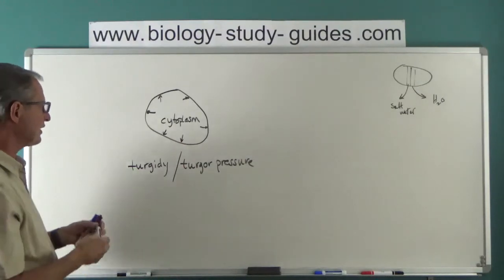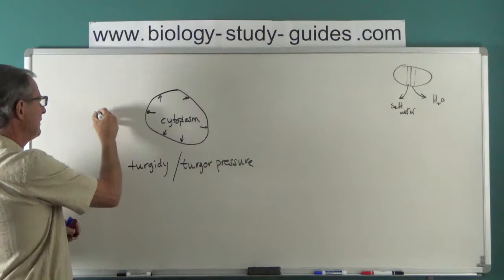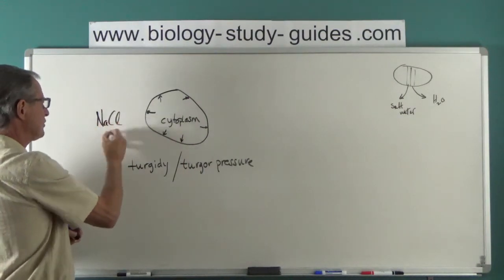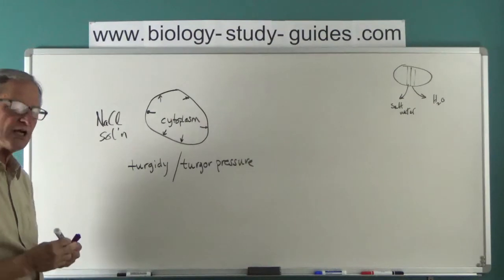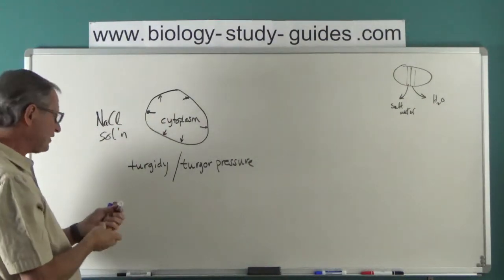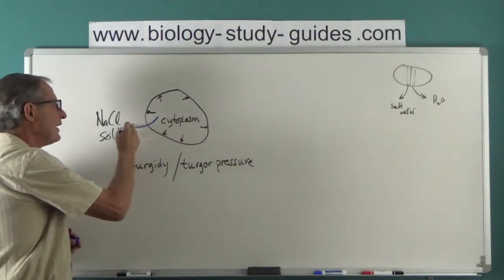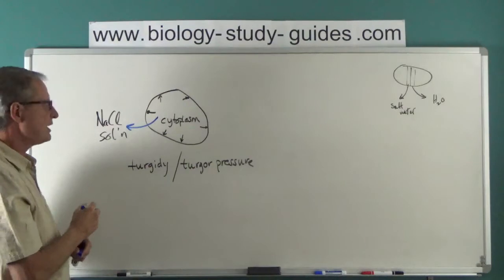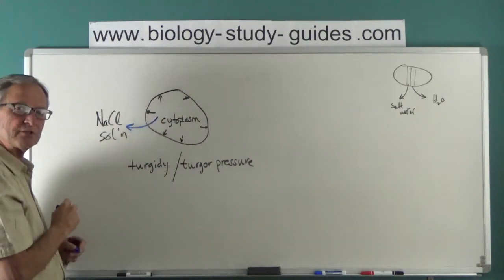Now we can play around with turgor pressure. We can affect it, because if we take this cell and put it in a salt solution, it's going to affect turgidity, because the water's going to be drawn out. Water's going to leave by osmosis, because this is hypertonic to the cytoplasm.